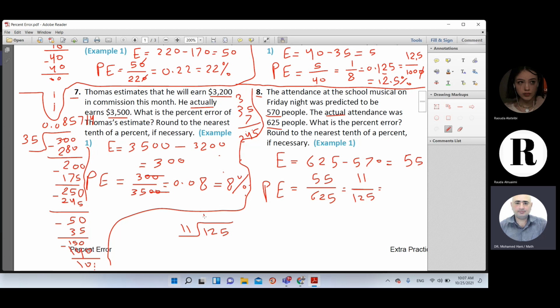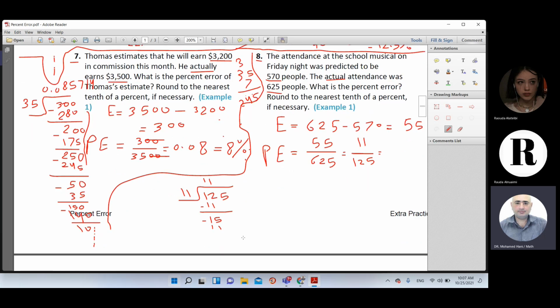12 divided by 11 will be 1. 12 minus 11 will be 1. Drop 5. 15 divided by 11 also we have 1. 15 minus 11 will be 4. So put point here, put 0 here. 40 divided by 11 will be 3. 3 times 11 will be 33. 40 minus 33 will be 7.